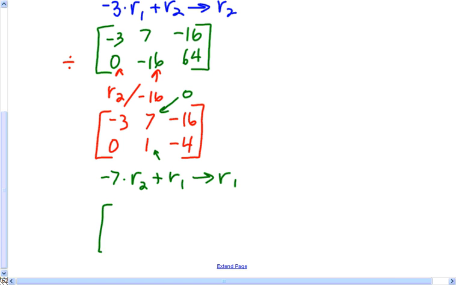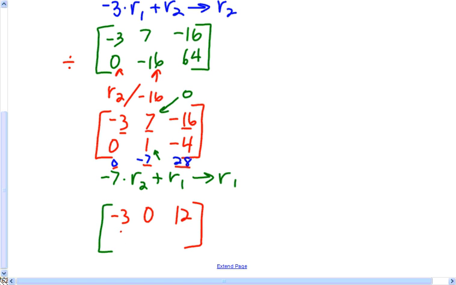Let me put some notes here so I know what numbers I'm going to add. Negative 7 times 0 is 0. Negative 7 times 1 is negative 7. Negative 7 times negative 4 is positive 28. Now I add those to row 1: 0 plus negative 3 is negative 3. Negative 7 plus 7 is 0. And 28 plus negative 16 is 12.